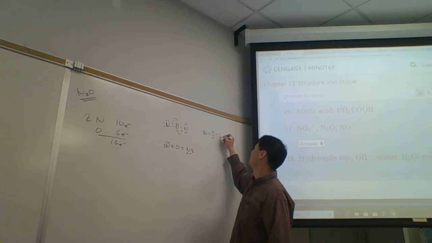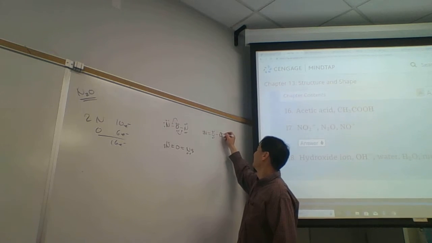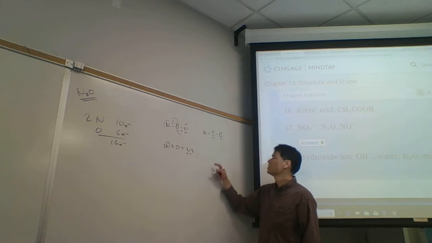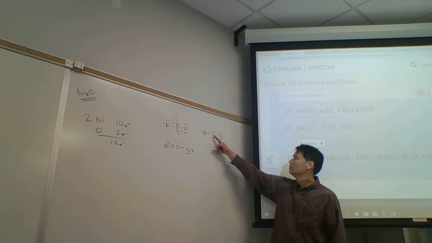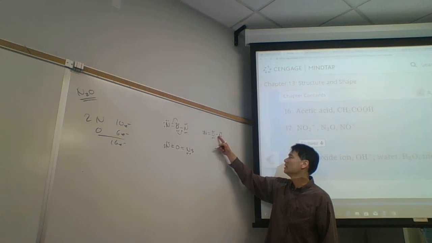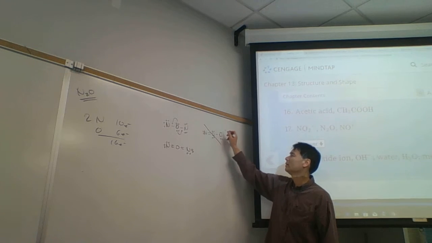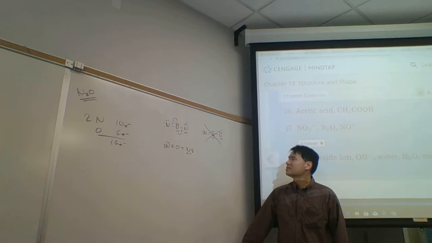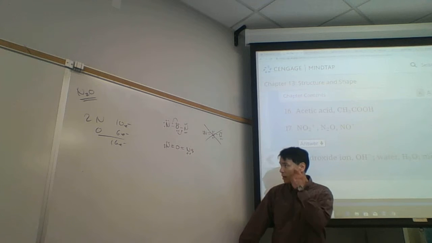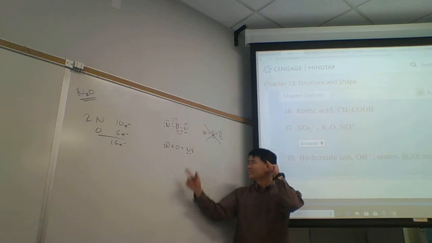And I'd have trouble here, because that oxygen now has an octet, doesn't it? 2, 4, 6, 8, no, 10. We can't do that. Why? Oxygen's not allowed to have more than an octet. Anything in the second period is not allowed to have more than an octet. So this looks like it.